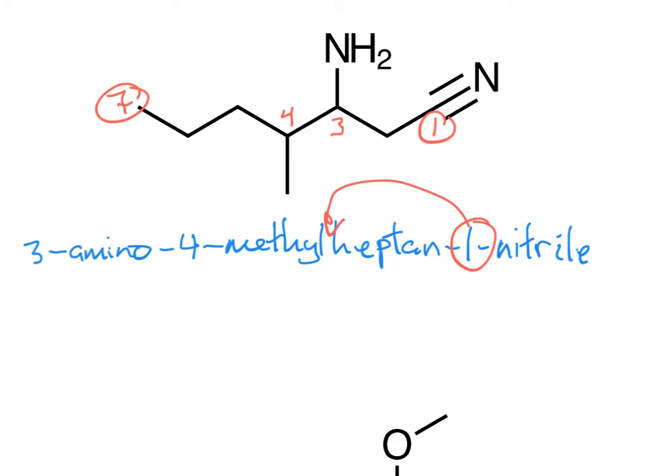You could also probably get away without having the 1 at all, because the nitrile there is a pretty high priority functional group. So you might see some IUPAC suggestions that you don't need the 1 there. I always like to put the 1 just to make it really clear, because there's actually nothing terribly special about nitriles. They sometimes can be located on carbons that aren't carbon number 1. So I would put the 1.